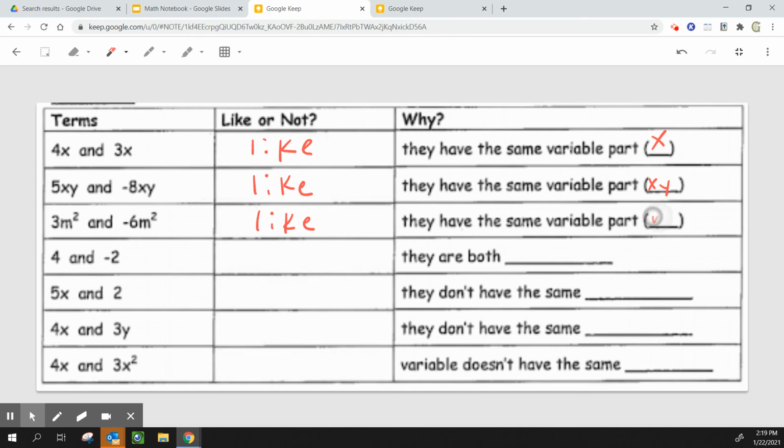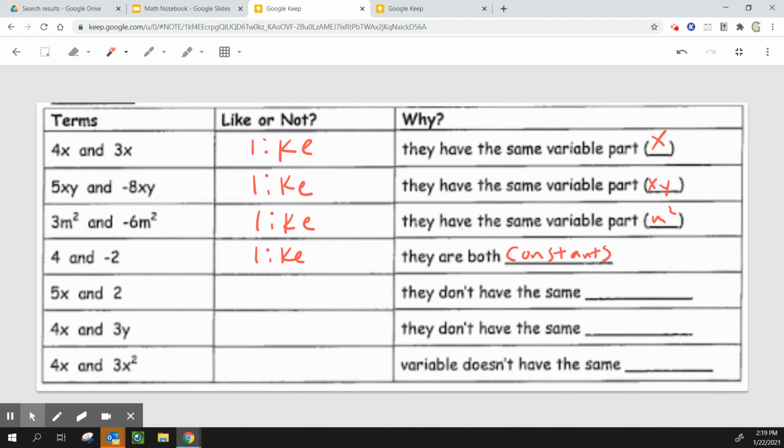They're both m squared. 4 and -2, are they like or not like? So really that they don't have the same variable means kind of that they do, right? So it's a like term. We could also think of it as a variable to the 0 power, but that's something you'll talk about more next year in math. And the reason they're like is they're both constants. So all constants are like terms.